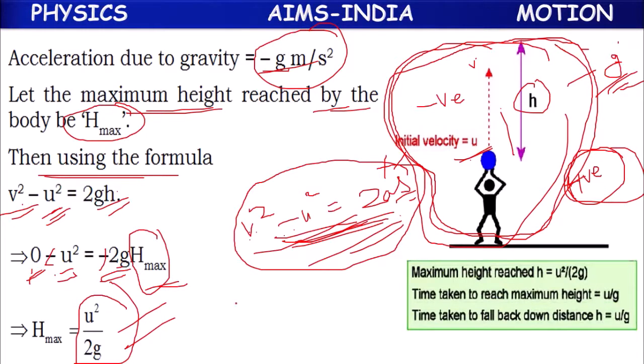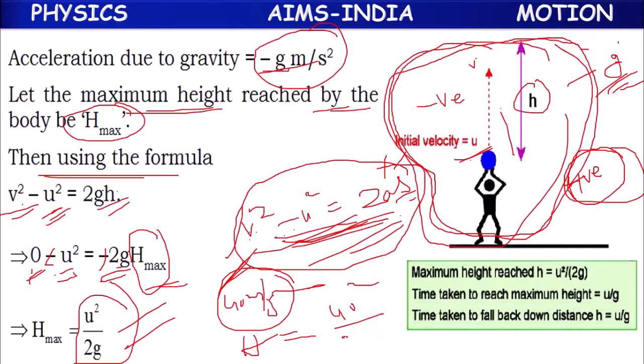Suppose the initial velocity is 40 meters per second. Then what is the maximum height reached by the body thrown vertically up with 40 meters per second? By using this formula, 40 square by 2 into g.